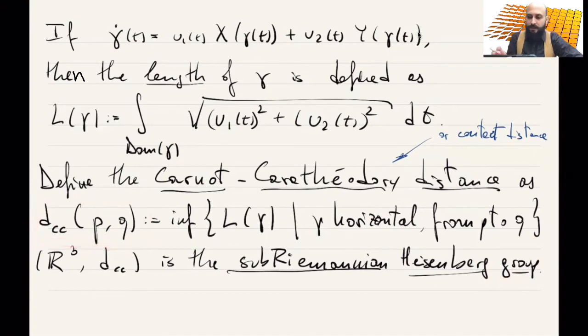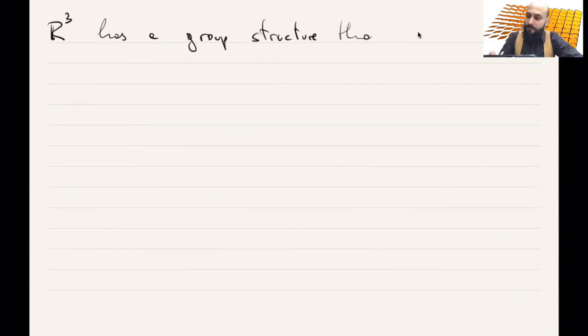Okay, let's clarify what I mean. Let's remember that R3 has a group structure that makes X and Y left invariant.